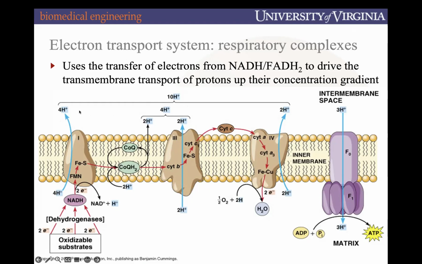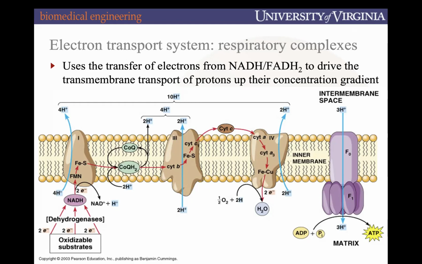So overall, taking inventory, we had 4 hydrogen ions move across here, and altogether 4 more hydrogen ions move here. As these electrons continue to be passed over, we get to cytochrome C that moves it to complex 4. We have 2 more hydrogen ions move in.